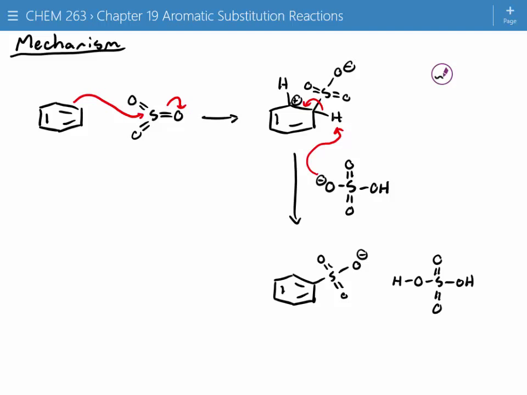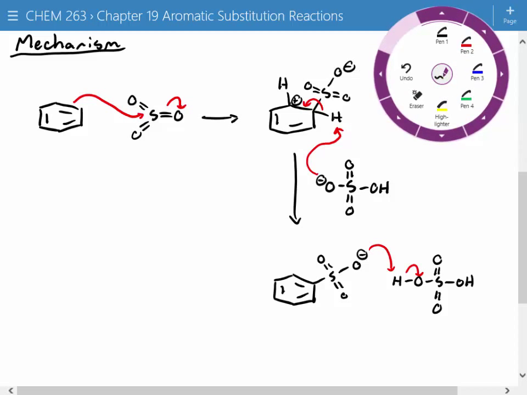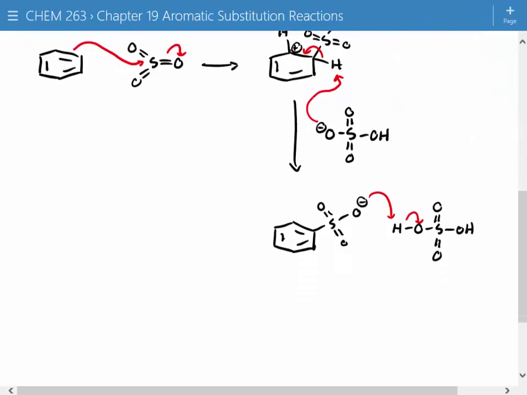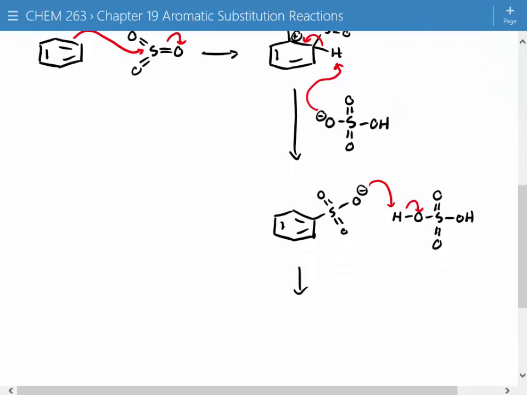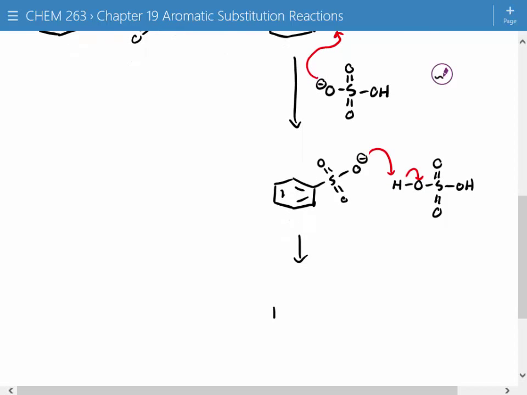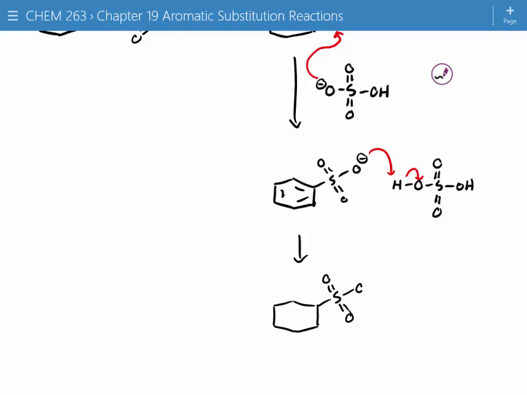We've got a really strong acid around, so it'll just grab a proton from there. So we'll do our arrow pushing, showing that proton transfer, and we end up with our final product.